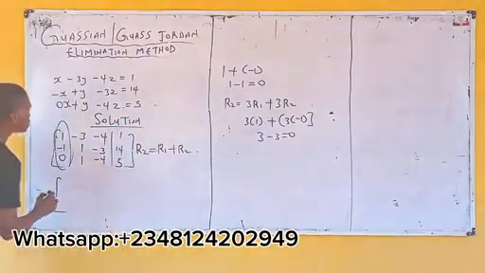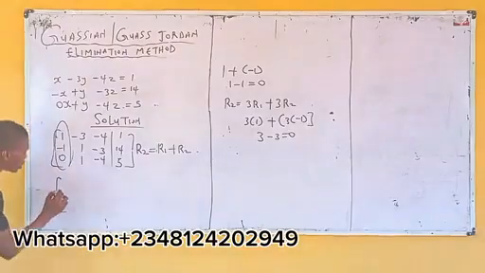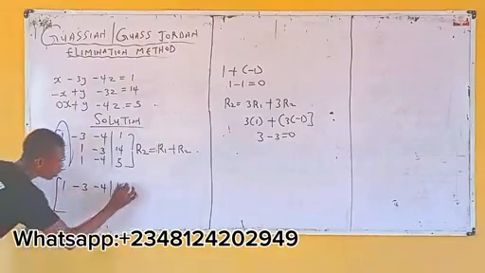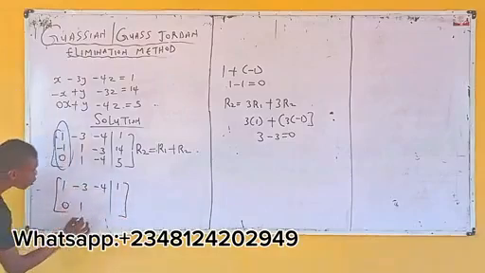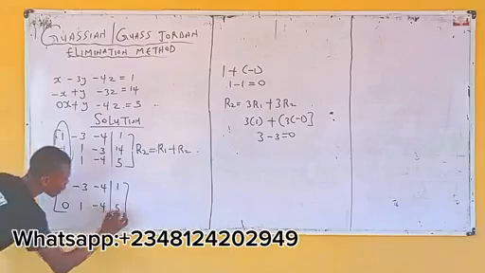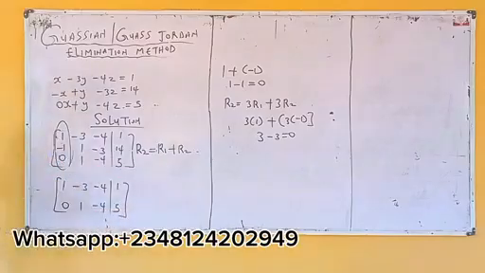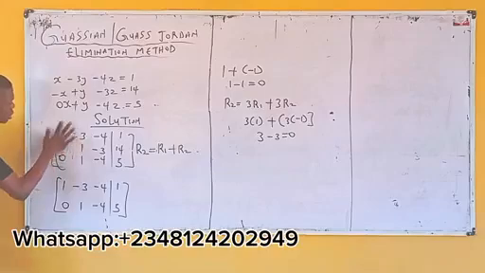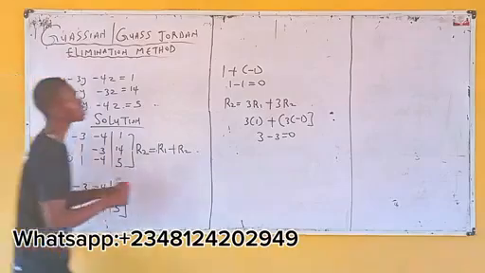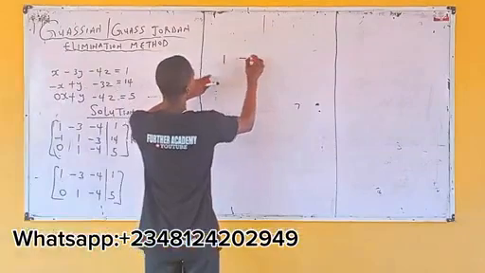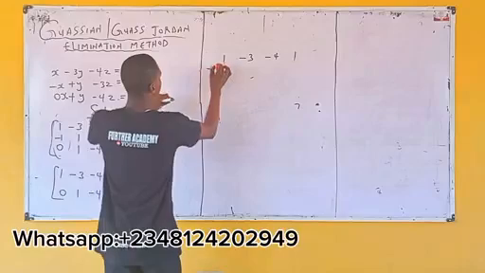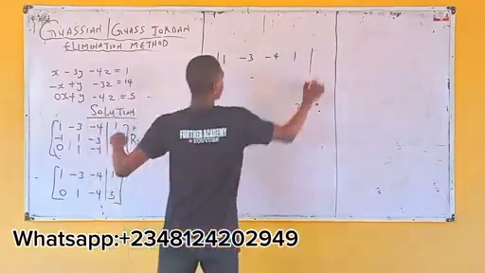So my augmented form of matrix, the rows that will not change, are 1, -3, -4, 1, and 0, 1, -4, 5. Now let's solve for row 2, together. We said row 1 plus row 2. This is 1, -3, -4, and this is 1, plus -1, -1.